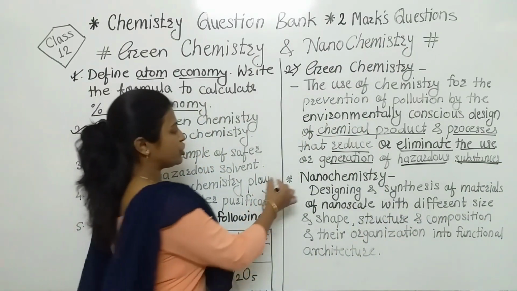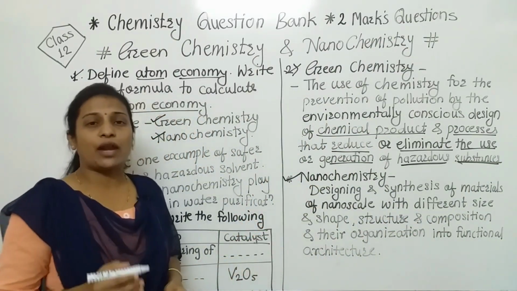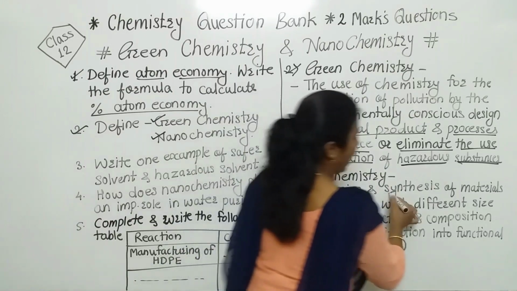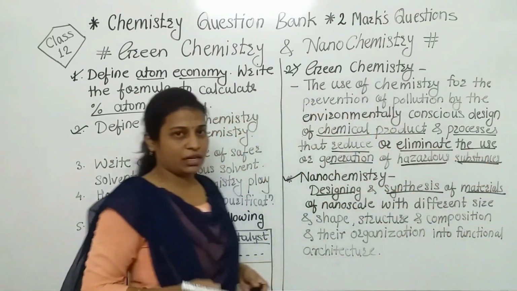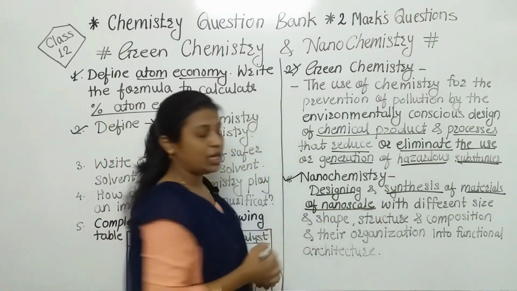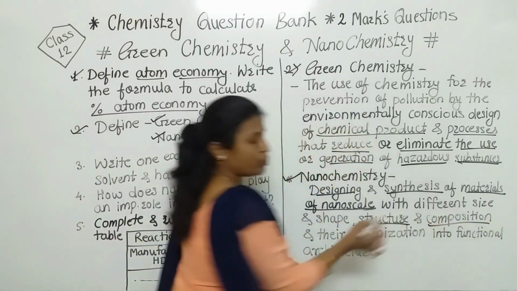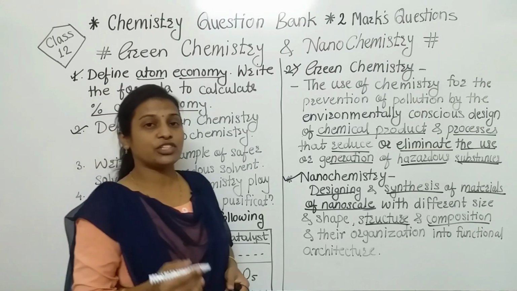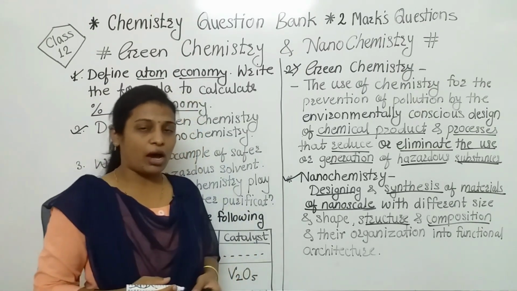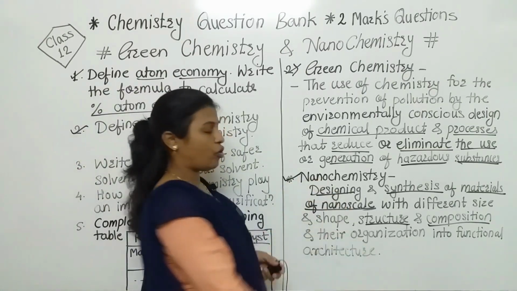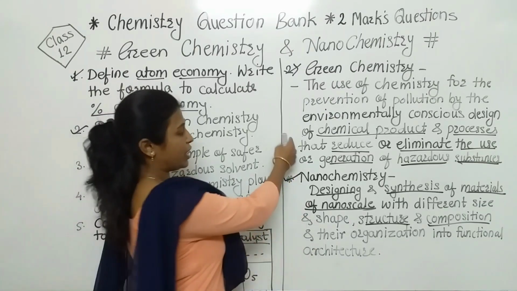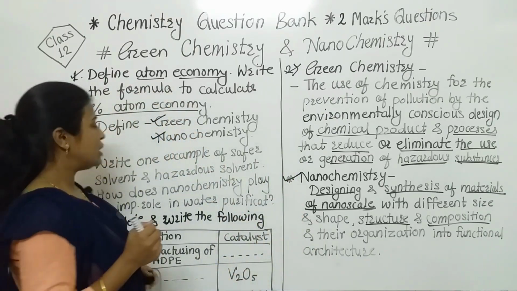Nanochemistry deals with the designing and synthesis of materials of nanoscale with different size and shape, structure and composition, and their organization into functional architecture. So here we can get the 2 marks by writing these definitions.